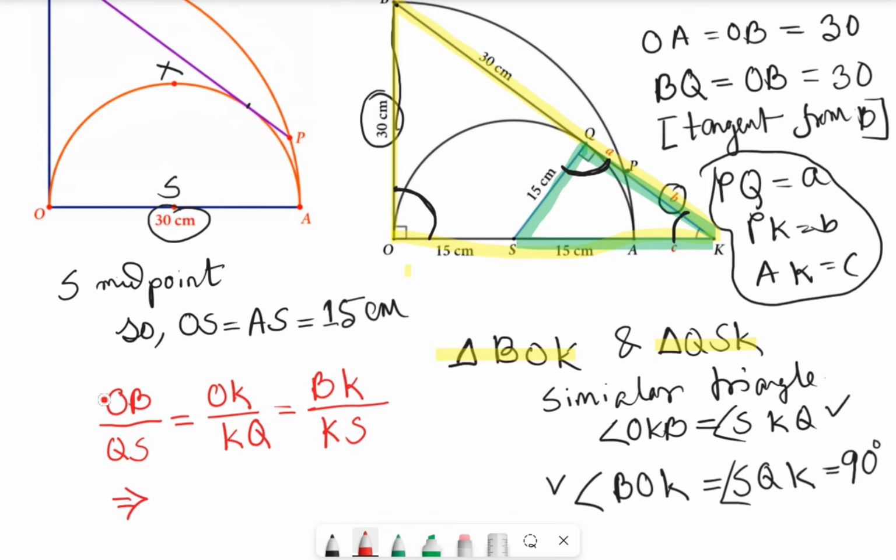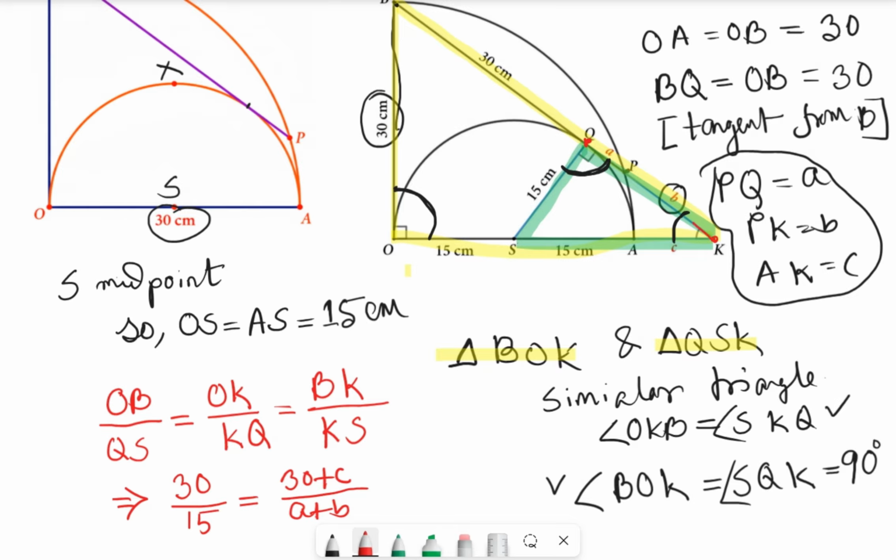The value of OB is 30 and QS is of course 15, OK is 30 plus C. So 30 plus C over KQ is equal to A plus B. So K is here and Q is here.